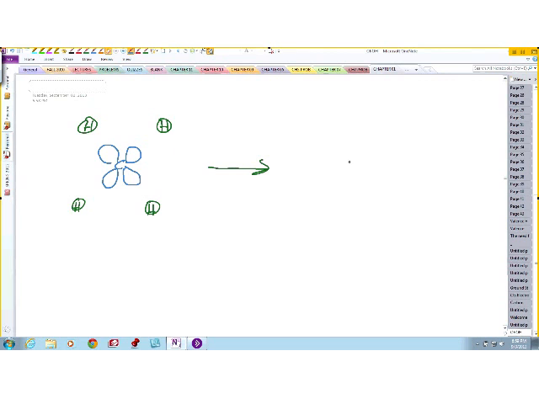All of those get together. We now have carbon right here, and now we have the hydrogen come here.